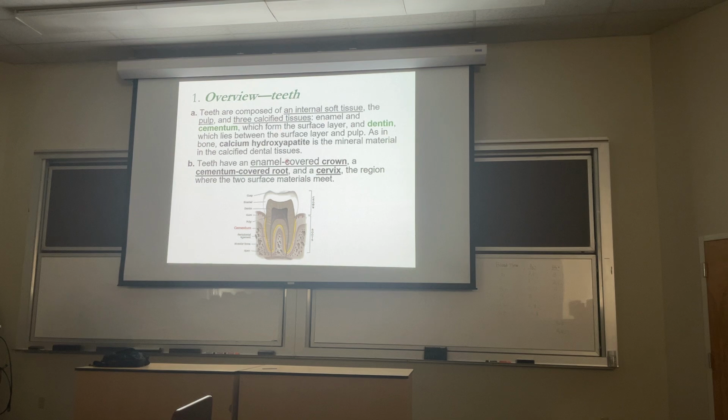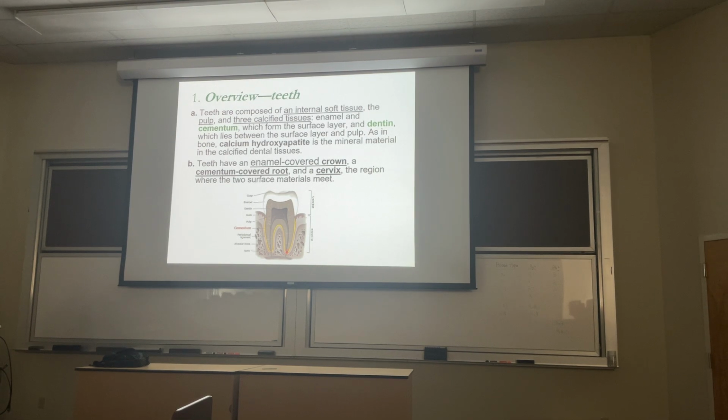In the teeth, we have the soft inner core of the pulp. And then coming out from there, we have the dentin. And then on there, the hardest surface in the body, the enamel, even harder than bone. We have different ways we can name things. The crown and the root.